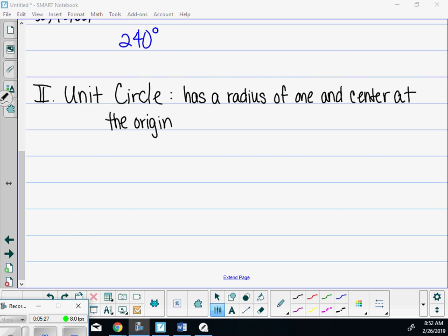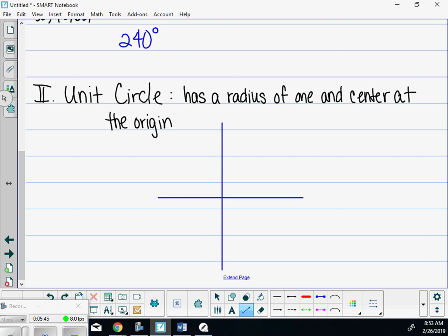So the unit circle really is just a circle centered at the origin with a radius of 1, which is why we call it the unit circle, because the radius is 1 unit. So where the circle intersects each of the axes is at 1.